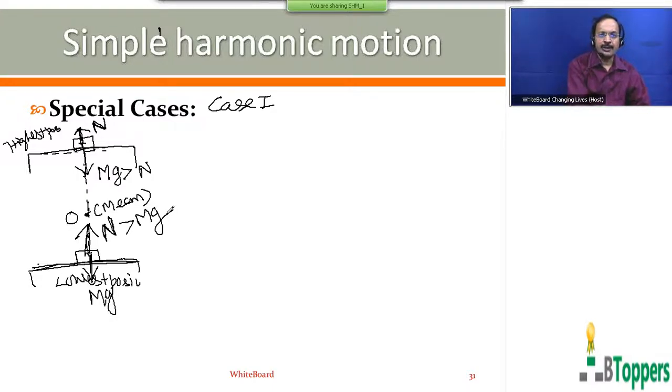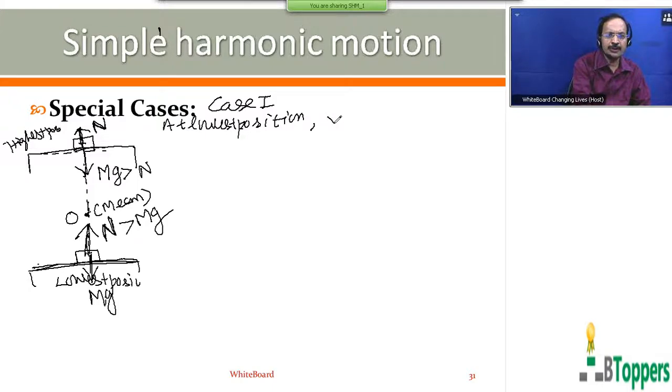Let's discuss how to calculate the magnitude of normal reaction on the block or apparent weight of the block at the lowest and highest positions. So at the lowest position, the magnitude of the resultant force on the block will be equal to magnitude of the normal reaction force towards the mean position minus magnitude of its weight mg.